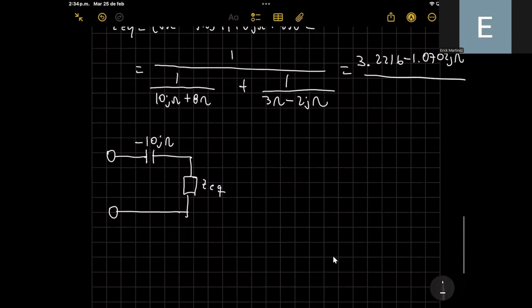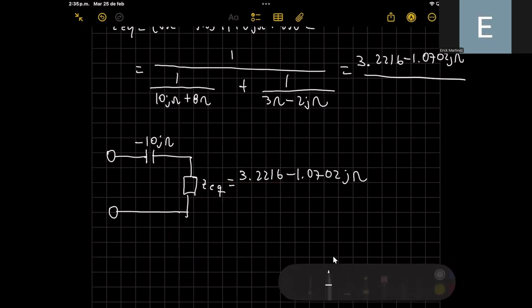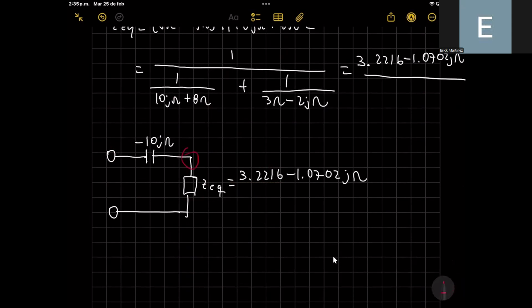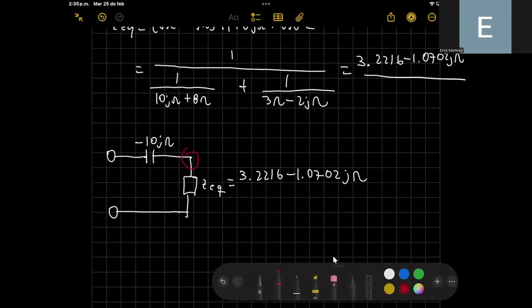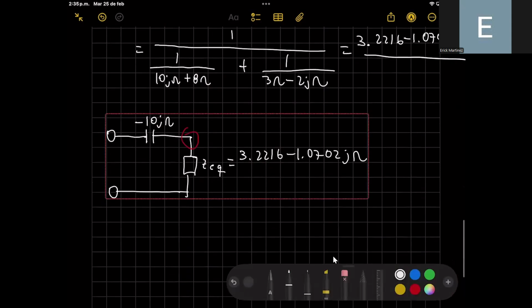And we know that value is right here. No? This is equal to 3.2216 minus 1.0702 J ohms. Okay? And well, if you notice, these two elements are in series. Okay? So I can simplify this further.